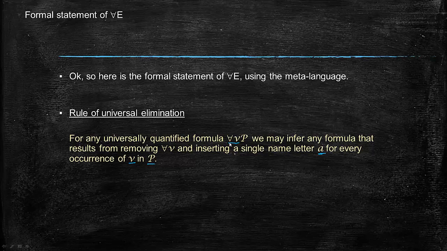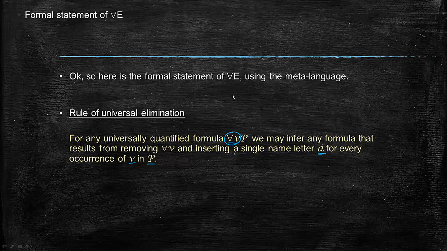So this says for all Vp, we can remove this completely, and then for every occurrence of V that was in P, we substitute a particular letter, the same letter, for every occurrence in P. And that's what we've been doing.